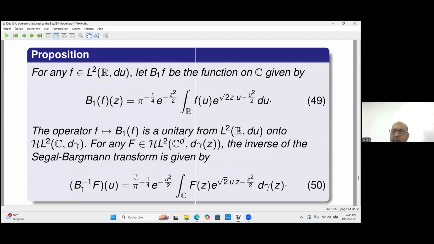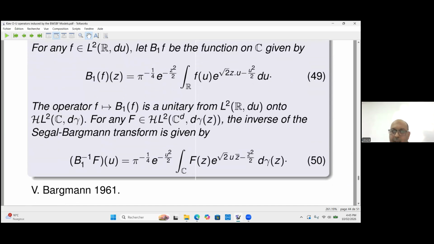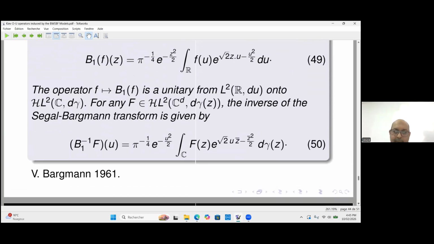What is important here is that this operator is invertible, and its inverse is given by B1 minus 1. This is the result of Bargmann in his study of the Bargmann space.